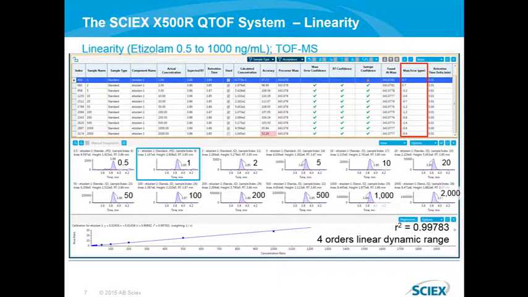The X500R system allows the quantification of compounds thanks to the TOF-MS with very good mass accuracy, plus or minus 1 ppm. This slide shows you a linearity range on the ethylone compound between 0.5 and 1000 nanogram per milliliter.